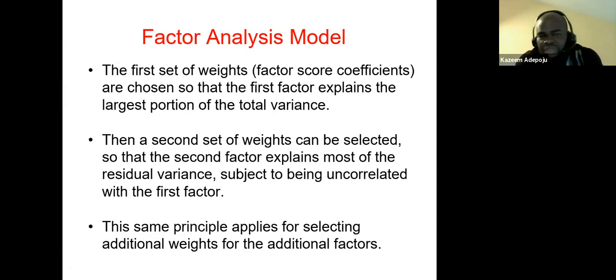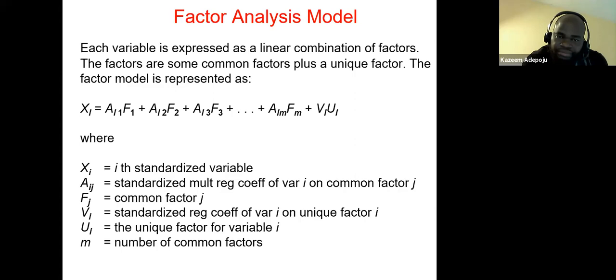The first set of weights, which I call the factor score coefficients. If you take a look at the model, you're actually going to see that these are factors. Factors are like predictors, right? And they are predicting a particular input variable. Each factor has a weight.